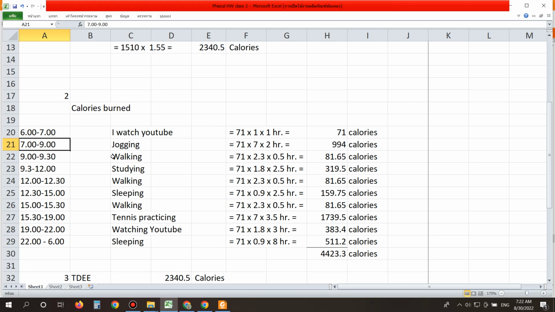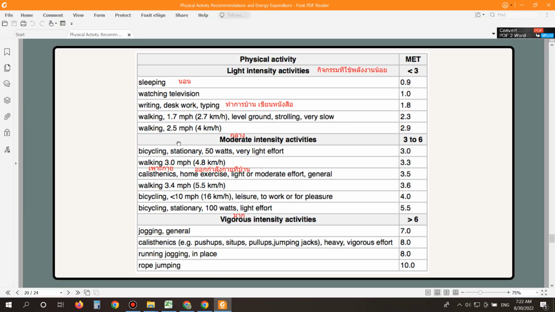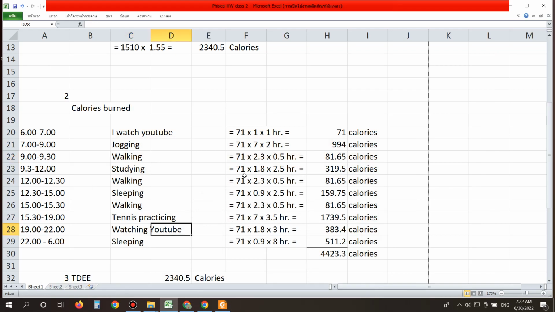After that I walk for half an hour. Walking, you see, is the slowest speed for me because I feel lazy. I use 2.3 MET value. My weight times 2.3 and half an hour.